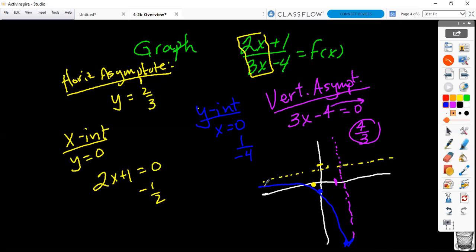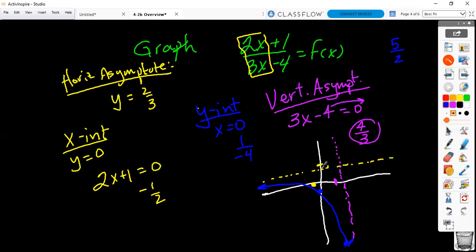And then the other piece, on the other side of the vertical asymptote, let's just say we put in a 2, so that was 4/3 right there. If I put 2 in, my numerator would be 4 plus 1, 5. And 3 times 2 is 6, 6 minus 4 is 2, so 2.5.